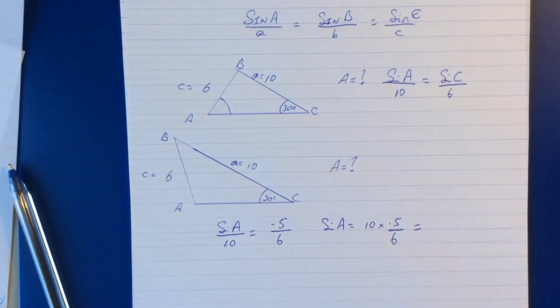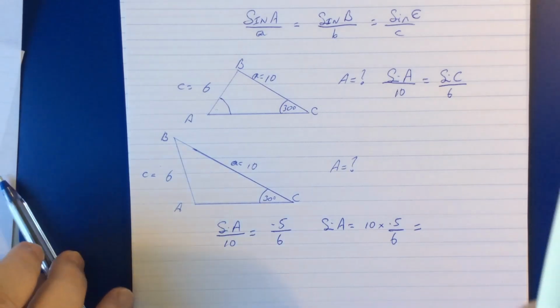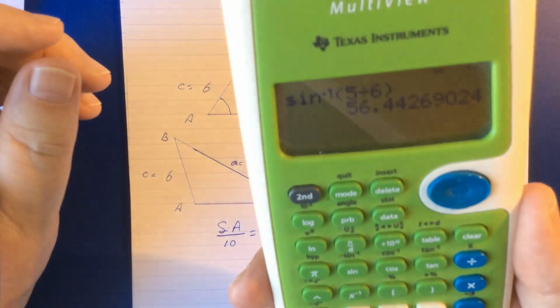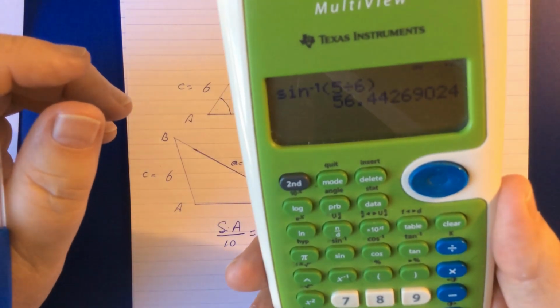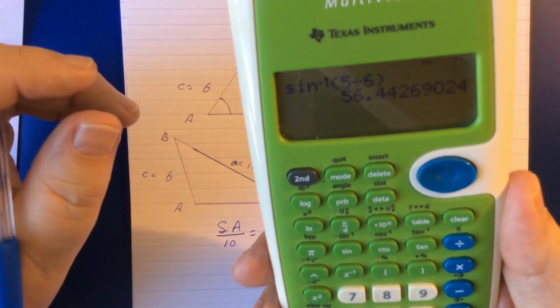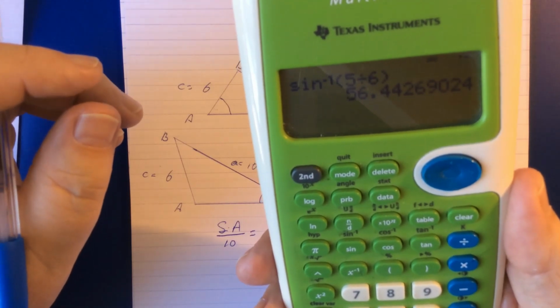And I'll just pop that in the calculator. What we get is 56.44 degrees. Okay.